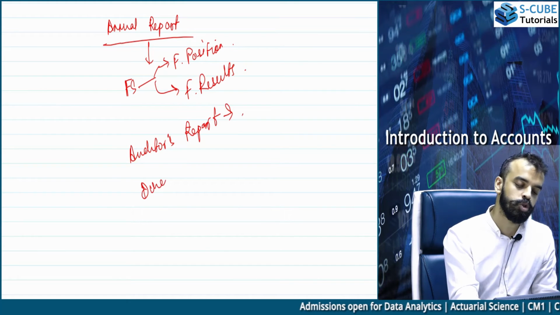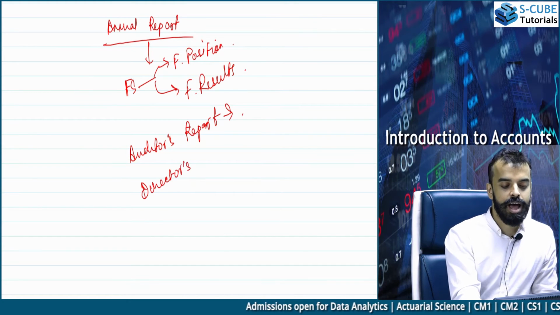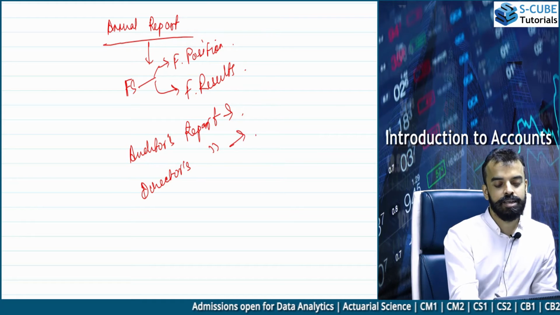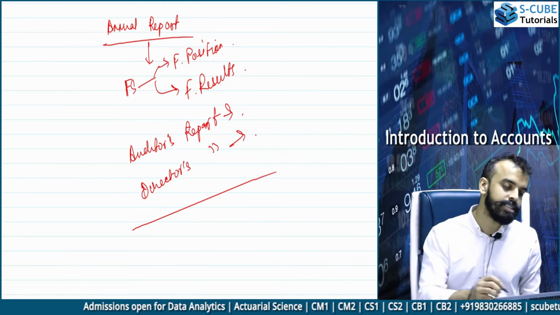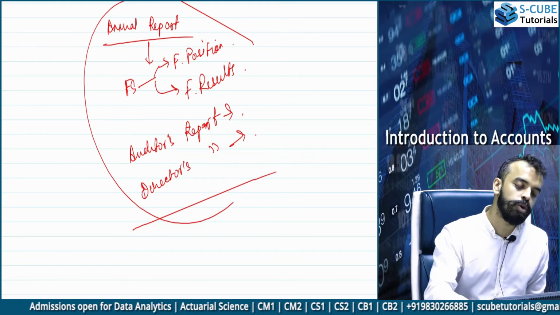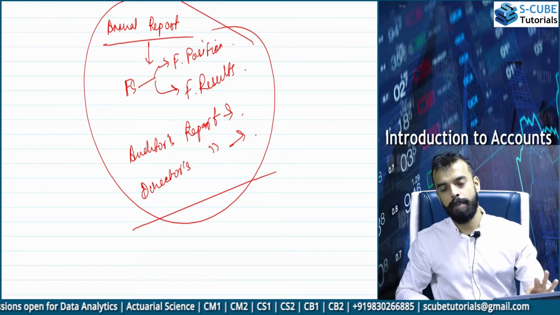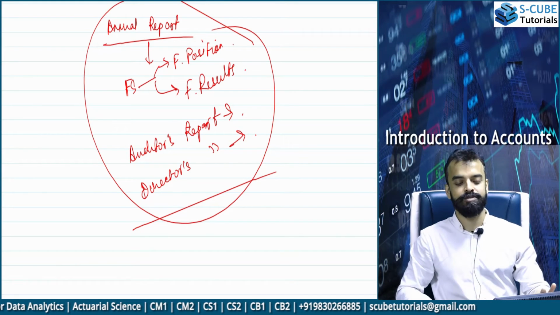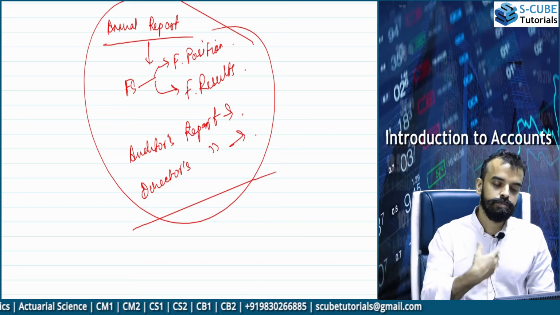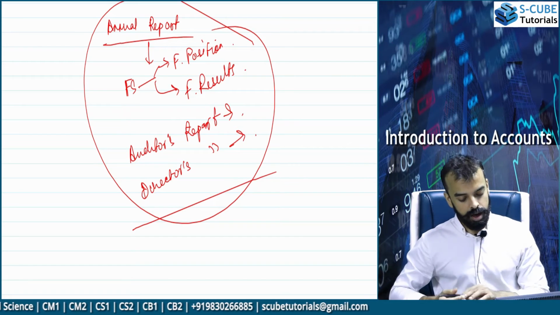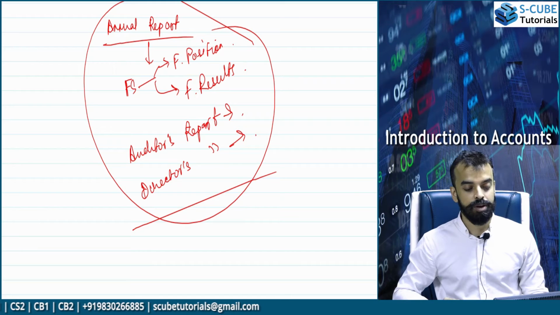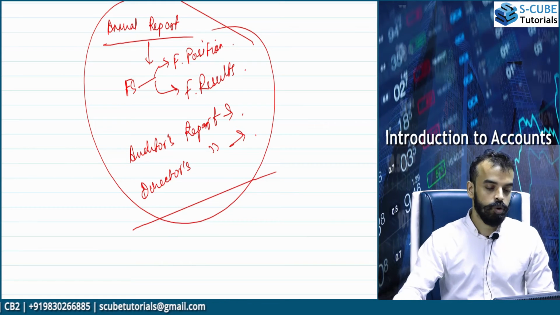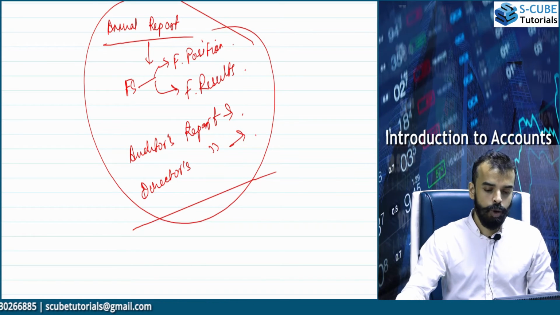The directors will also try and communicate and report on certain matters they are statutorily required to report. So this is what an annual report will have majorly, apart from other minute things, but these are the major constituents or ingredients of an annual report. All right. So that is number one.